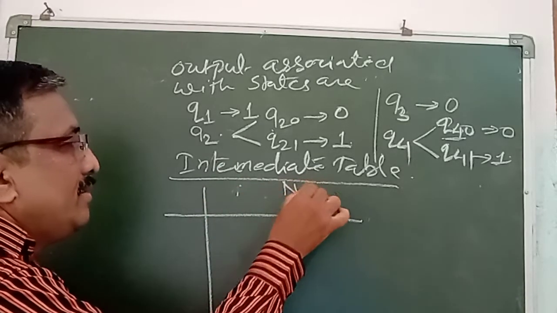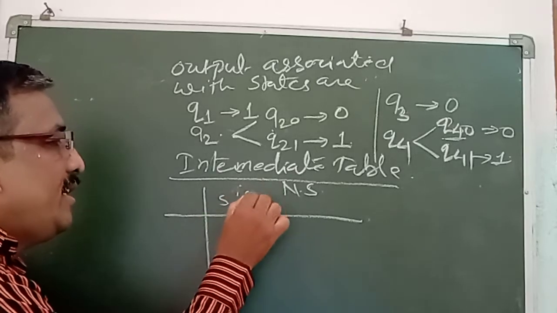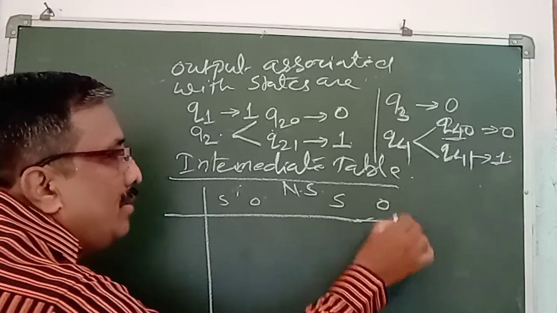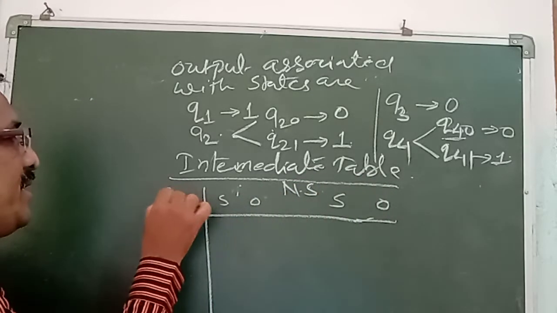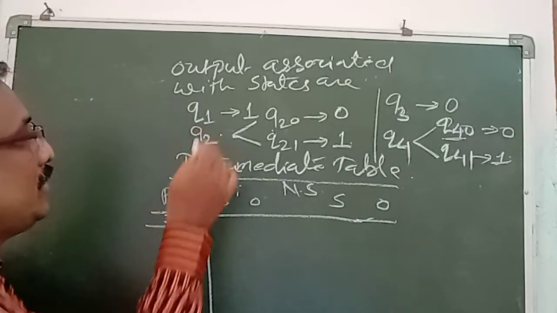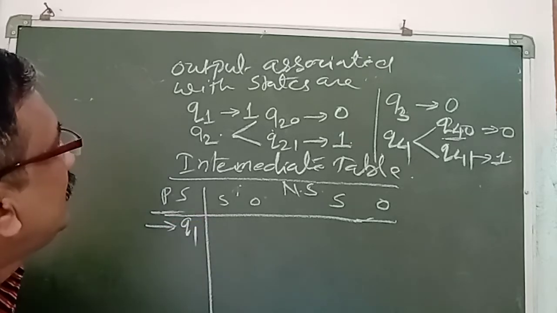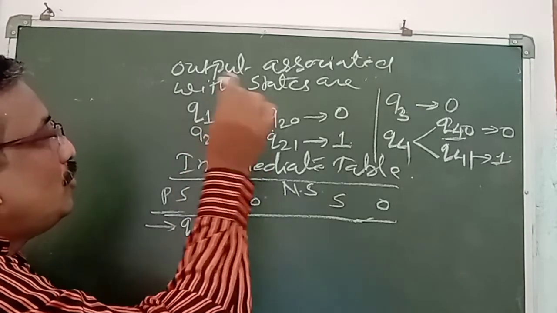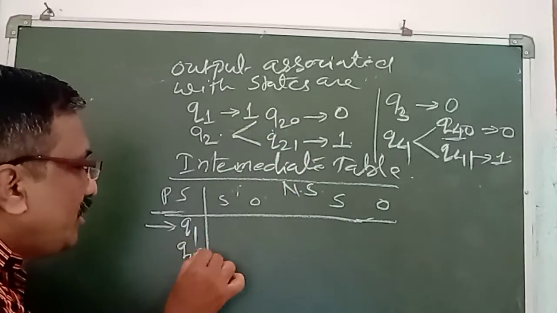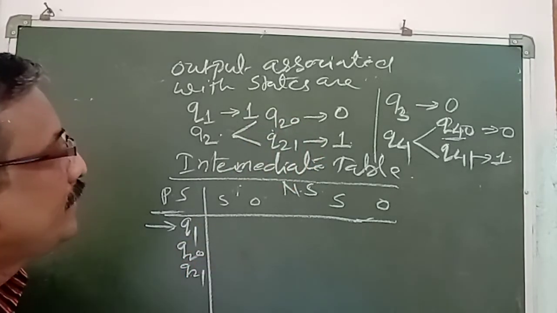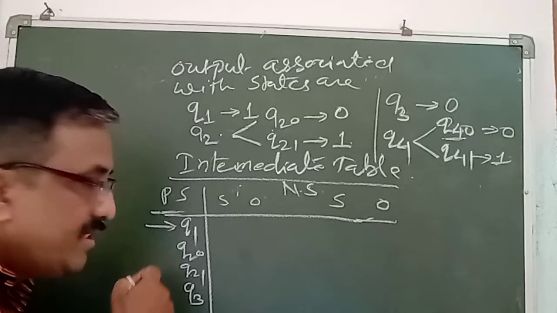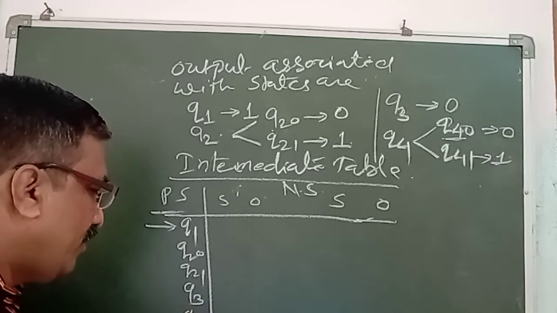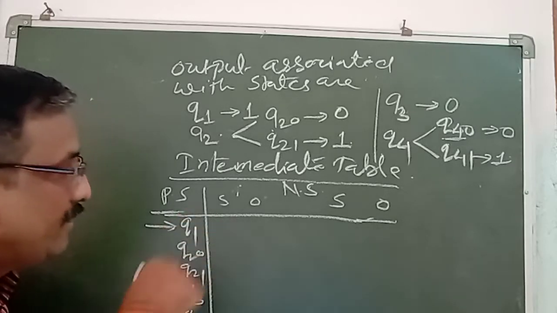Next state and output, present state, where we write Q1, and in place of state Q2 we will write Q2 0 and Q2 1, Q3 as it is, and Q4 0 and Q4 1, like this.